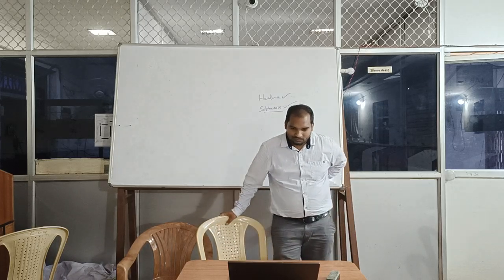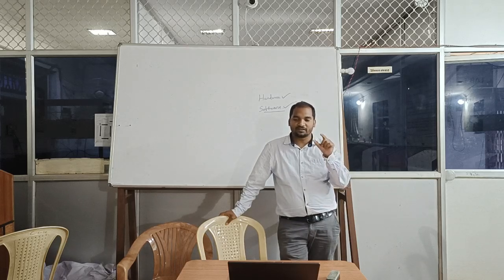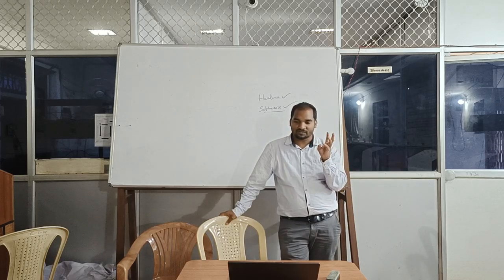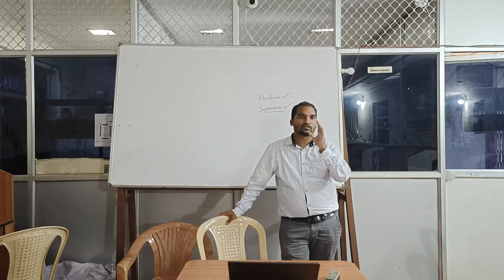Now see the functional units. A computer consists of 5 functionally independent main parts. Those are input, memory, arithmetic and logic unit, output unit, and control unit.